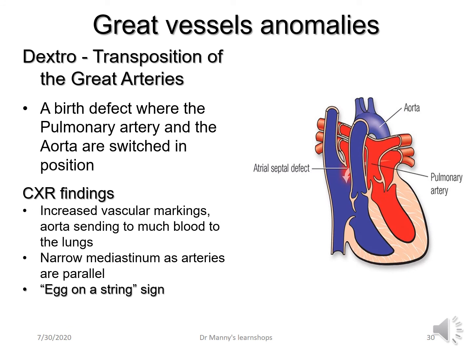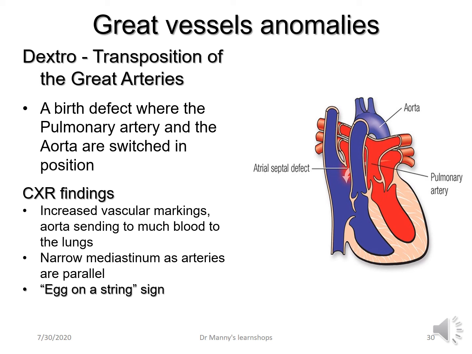Another anomaly related to the great vessels is called dextro-transposition of the great arteries. Dextro, remember, meaning right. Transposition is a change in position of the great arteries, pulmonary artery and aorta. This is a birth defect where the pulmonary artery and the aorta are switched in position.